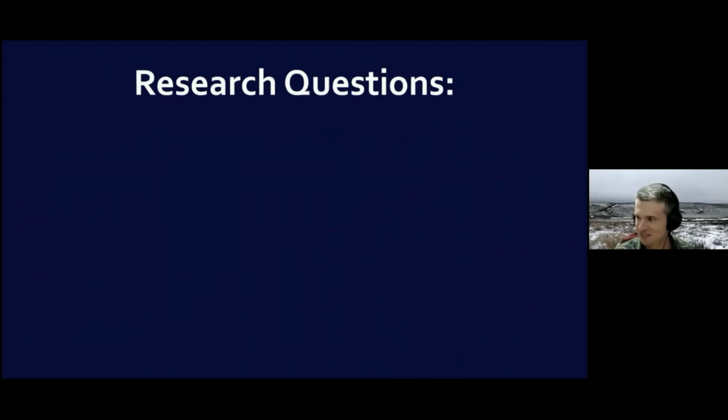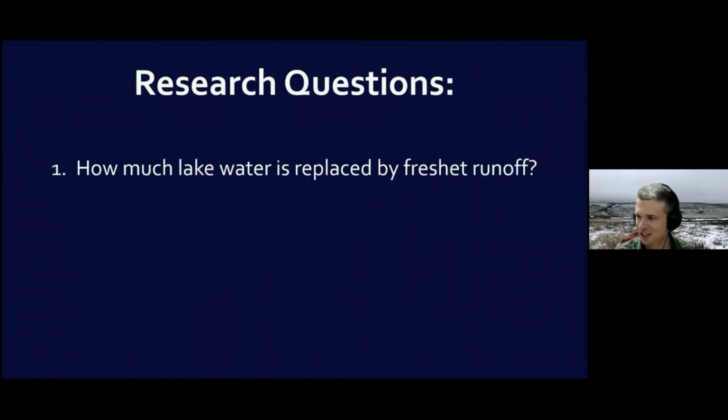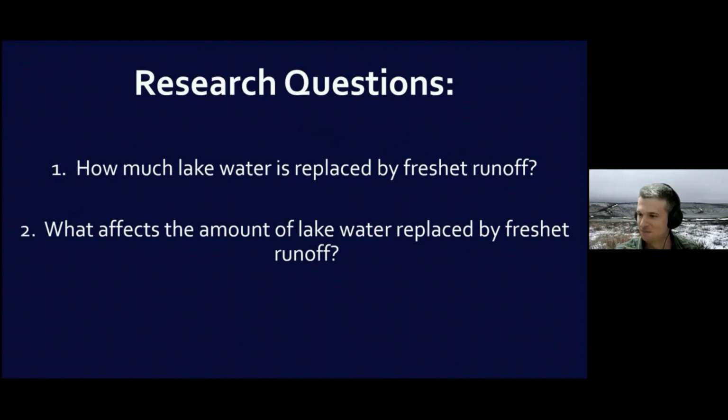So that kind of set up our research questions, which were: one, how much lake water is replaced by freshet runoff in spring, knowing that snow makes up the majority of precipitation in the region, but at the same time, we have this snowmelt bypass process going on. Two, what affects the amount of lake water replaced by freshet runoff?